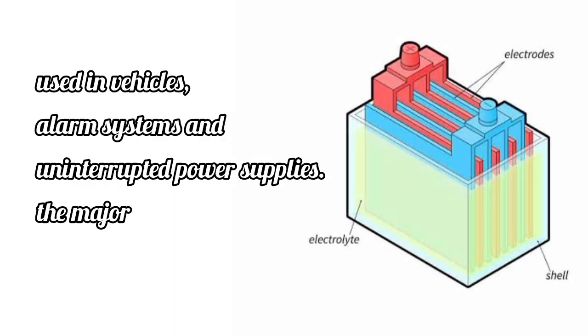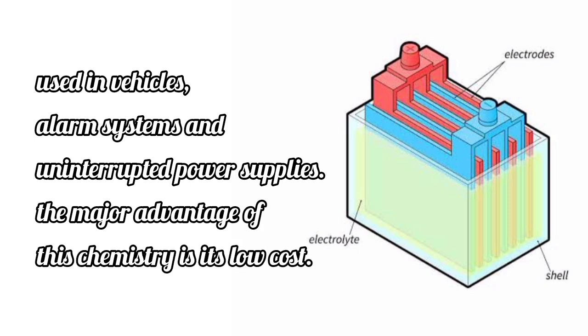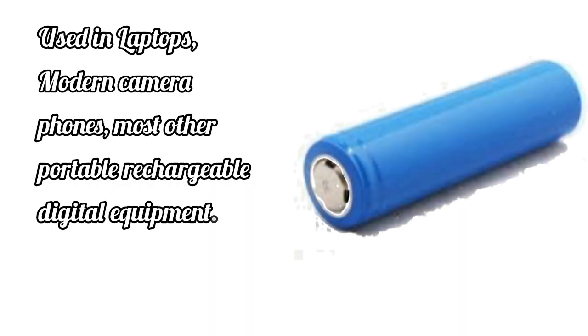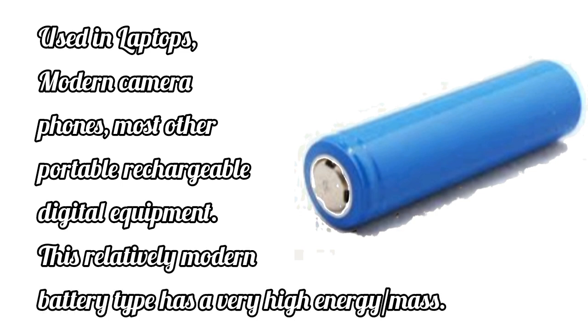Types of battery used in substation. Lead-acid battery, used in vehicles, alarm systems and uninterrupted power supplies. The major advantage of this chemistry is its low cost. Lithium-ion battery, used in laptops, modern camera phones, and most other portable rechargeable digital equipment. This relatively modern battery type has a very high energy density.